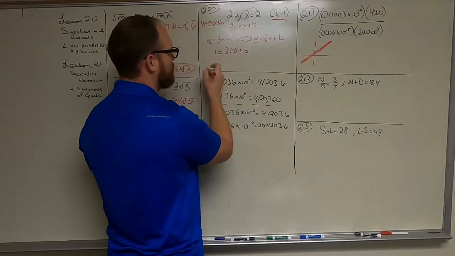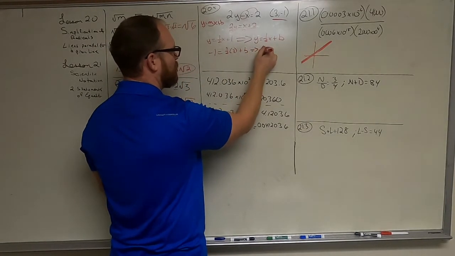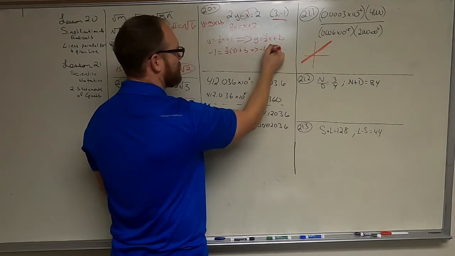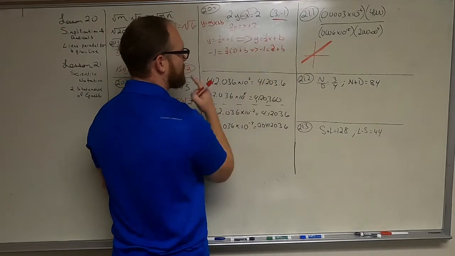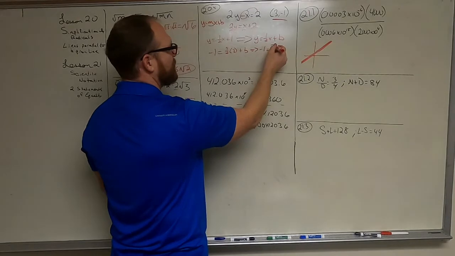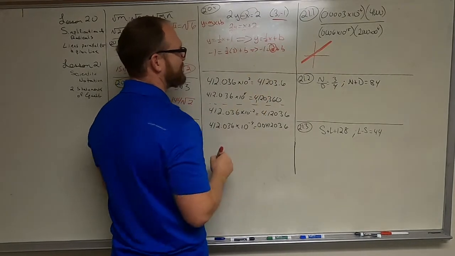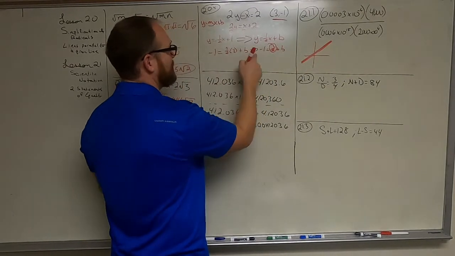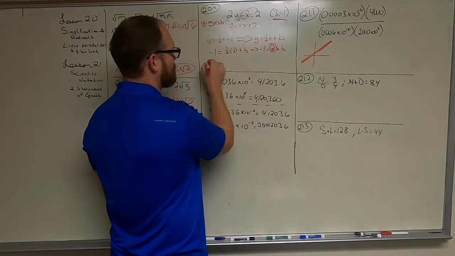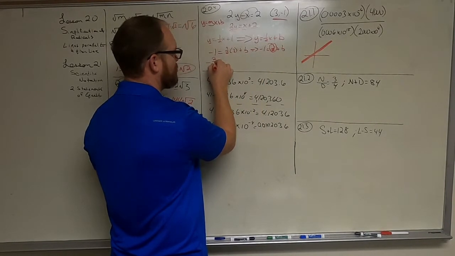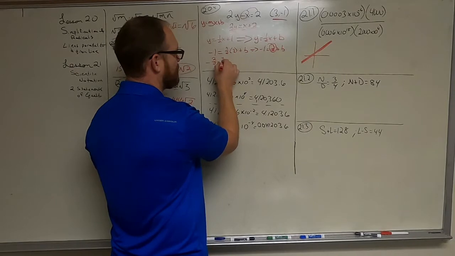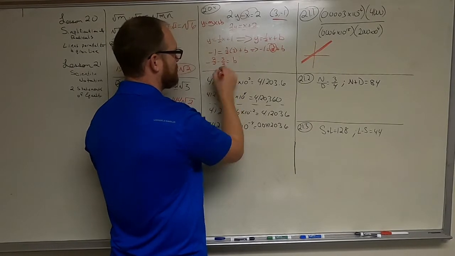Okay, so -1 equals 3 over 2 plus b. Okay, so let's go ahead and take this 3 over 2 over here, change sides, change signs. I have to make this a fraction, so it's going to be -2 over 2 minus 3 over 2 equals b.